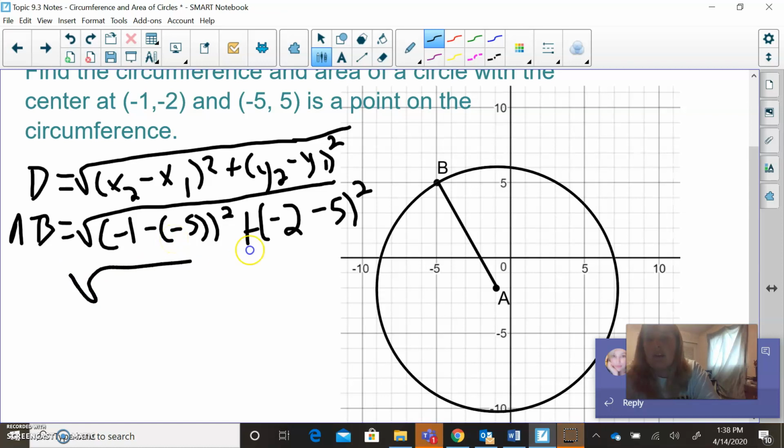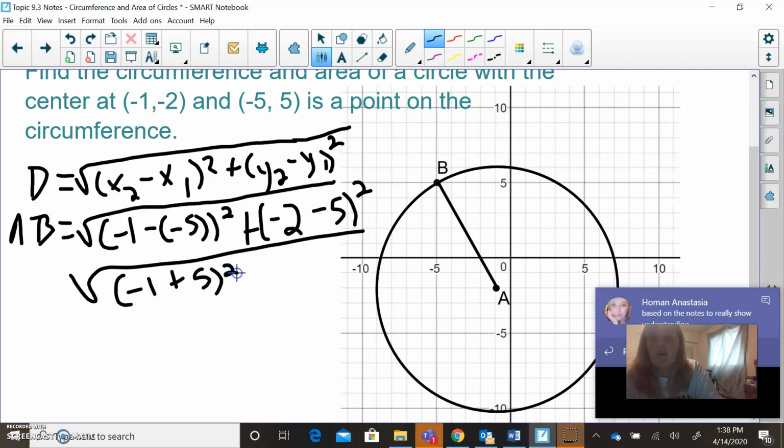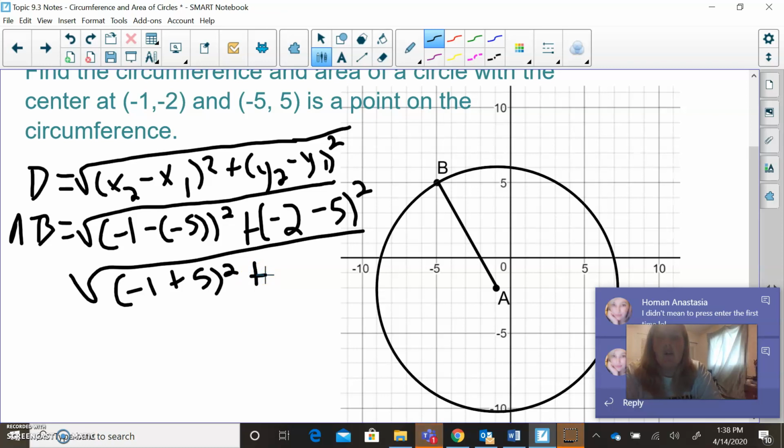So it's actually going to be -1 plus 5 squared, and then plus -2 minus 5.